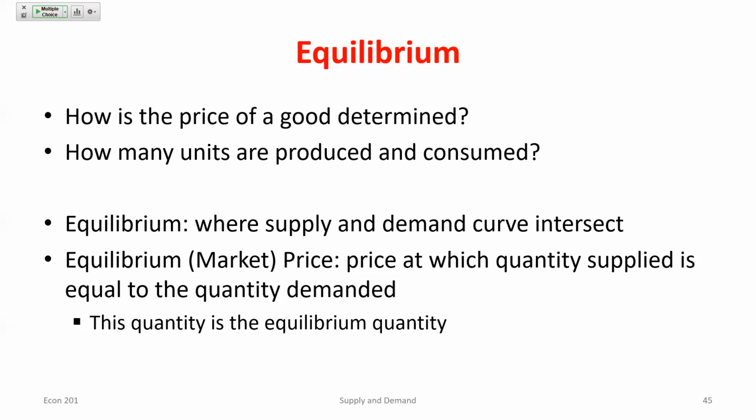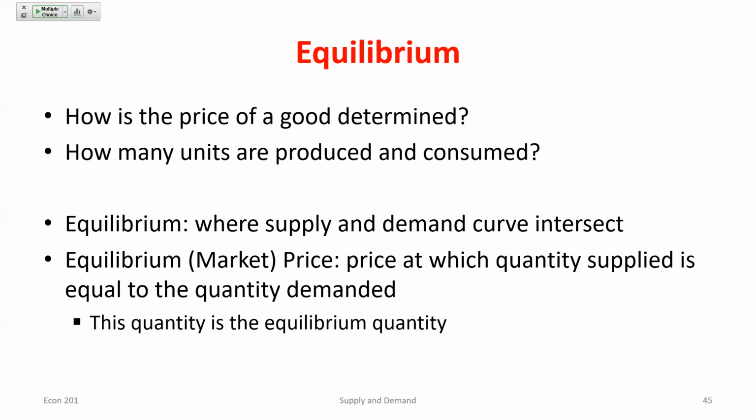Typically we'll call this Q star for the equilibrium quantity, and P star represents the equilibrium price. The reason that's the equilibrium is because at this price, the quantity supplied, remember the supply curve tells us the quantity supplied at that price, and the quantity demanded at that price are exactly the same, right?